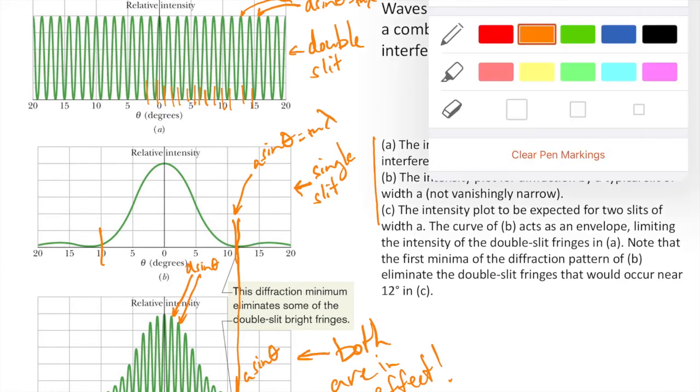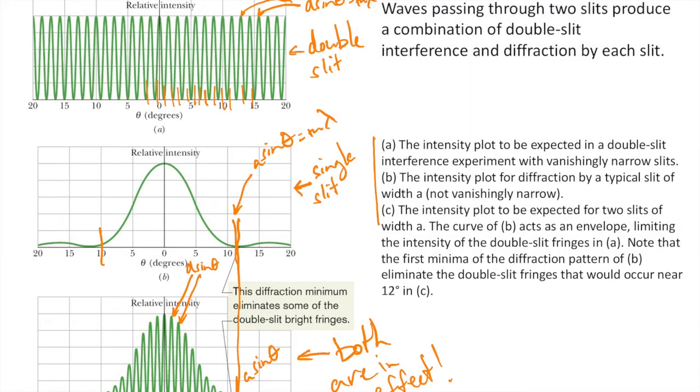That's what we commonly call it, the envelope, that the outer intensity fits what's going on with the single slit. But all of these inner things fit the double slit. Sorry, I'm having trouble with my words here, but there you go. Single slit versus double slit.